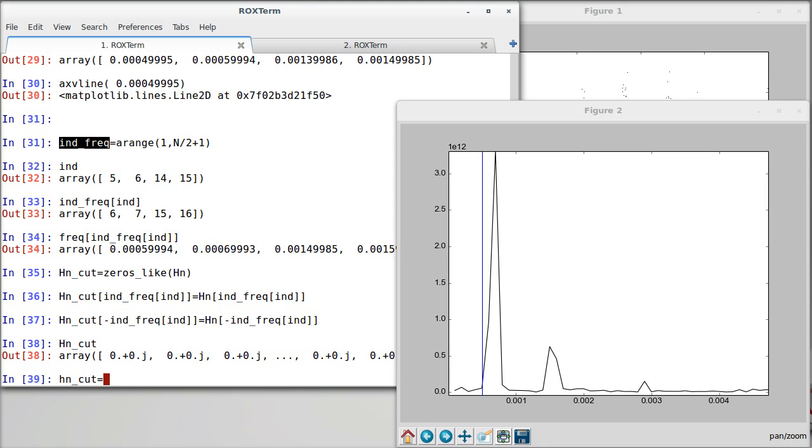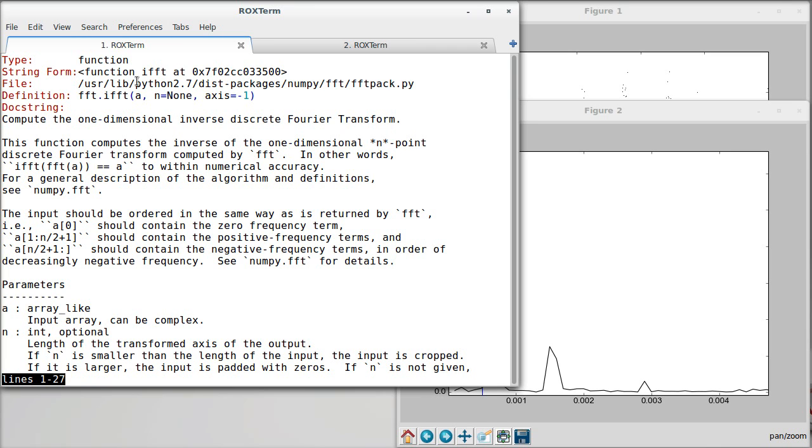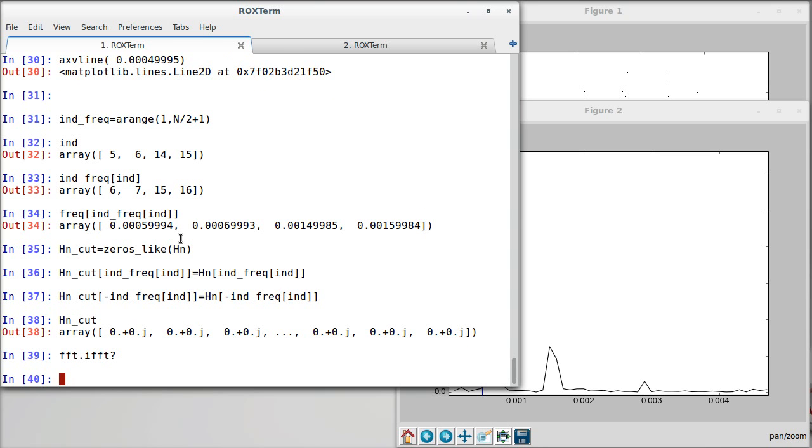We can go back by using an inverse Fourier transform. The inverse Fourier transform looks exactly the same. Notice it tells us that A0 should be the zero frequency term, and the other ones should be the positive and negative frequencies. So that's what we did here to get the positive and negative frequency values set.